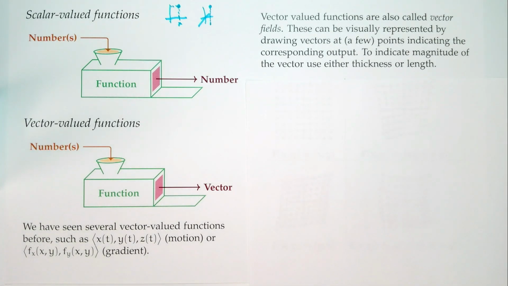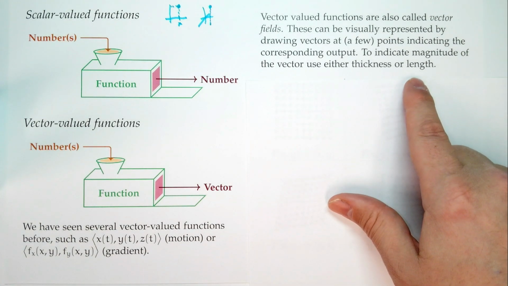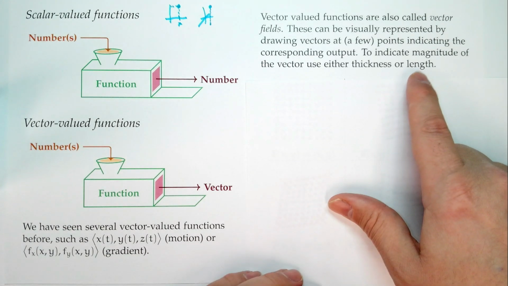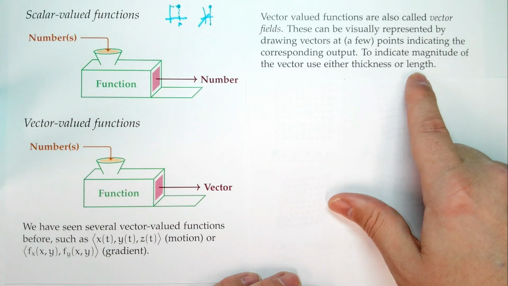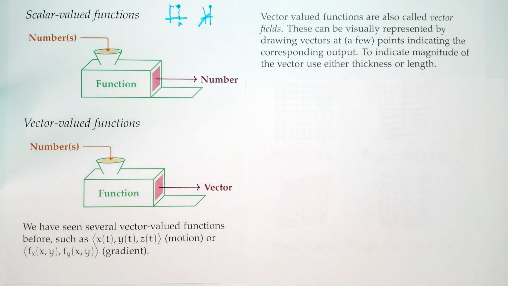So instead, we tend to sample a couple of vectors. Remember, they need to have a distance, or a magnitude, and a direction. Sometimes the direction is always an arrow, and the magnitude is shown as either longer or shorter, or thinner or thicker. It just depends on the application.